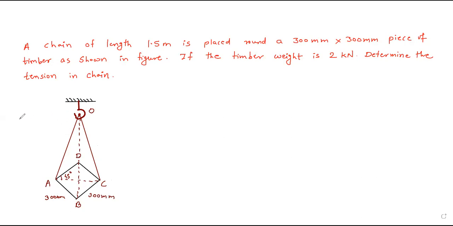Now we want to solve this numerical. First of all, we don't know the lengths OA and OC. Let us say this angle is theta, and I want to find this angle.